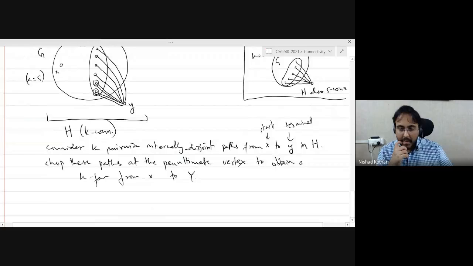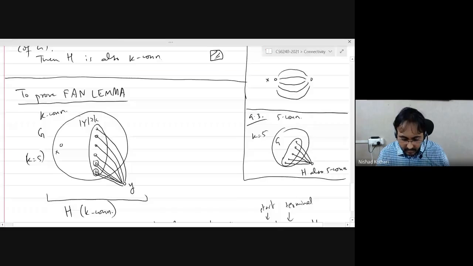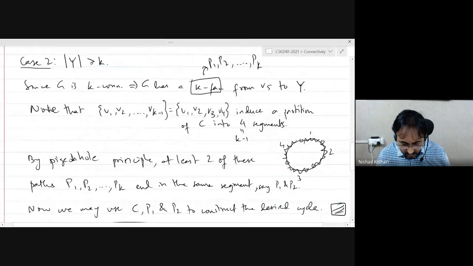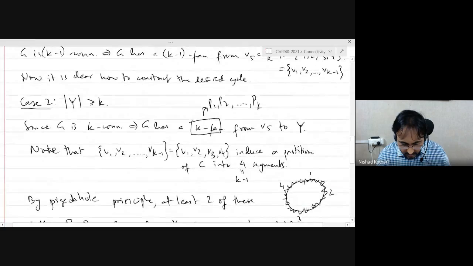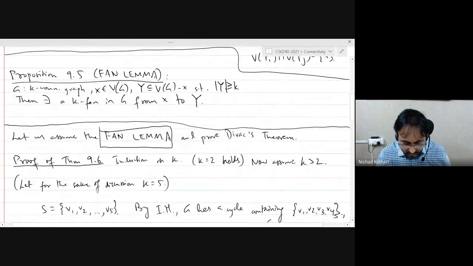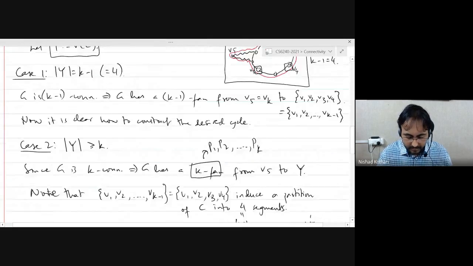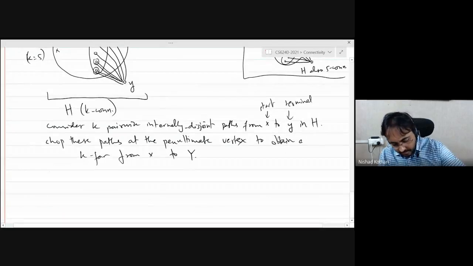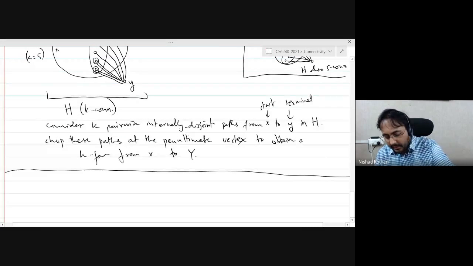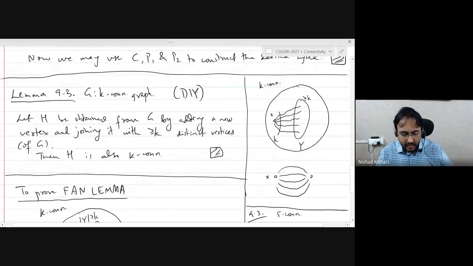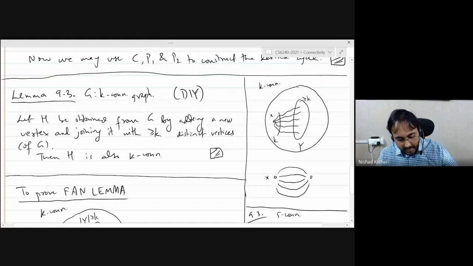Okay, so that proves the fan lemma. The only thing we haven't proved is lemma 9.3, and I repeat that you should try it yourself.